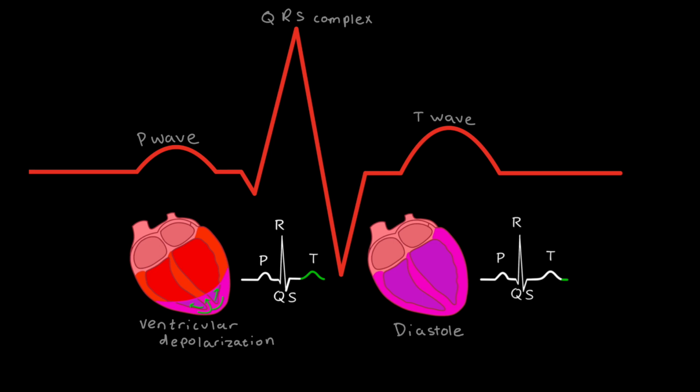Now, one thing to note is that the depolarization of the atria and ventricles occurs in a base to apex motion, or top to bottom, but the repolarization of the ventricles occurs in an apex to base motion, or bottom to top. Now, there are other parts of the EKGs that physicians must interpret besides just the P wave, the T wave, and the QRS complex.